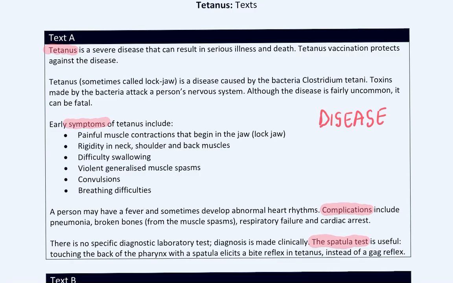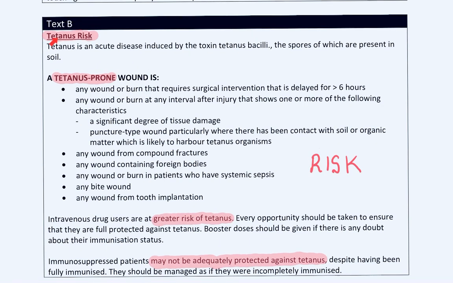Okay guys, so we agree that text A is about tetanus. It contains symptoms, complications, this particular test. So we can create an overview as text A contains a disease. Text B, tetanus rest.